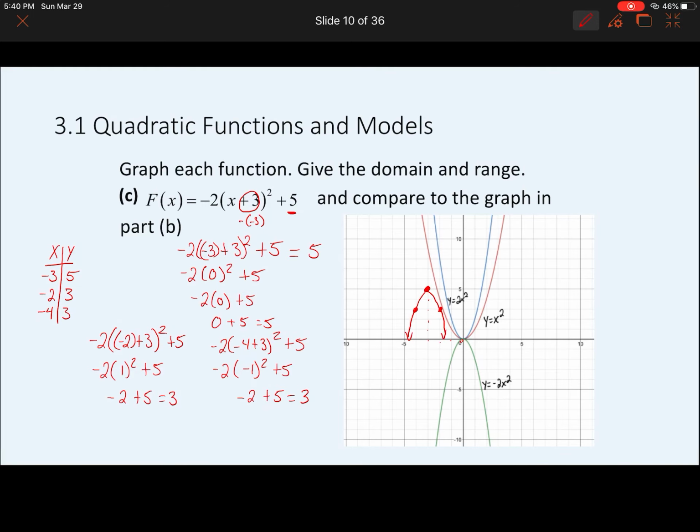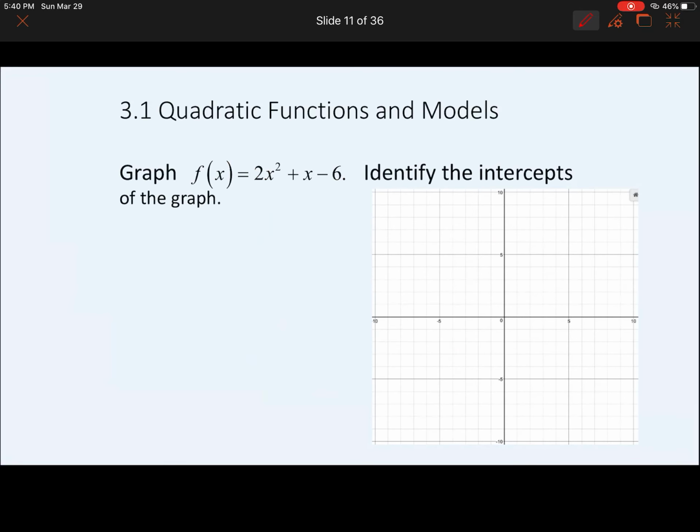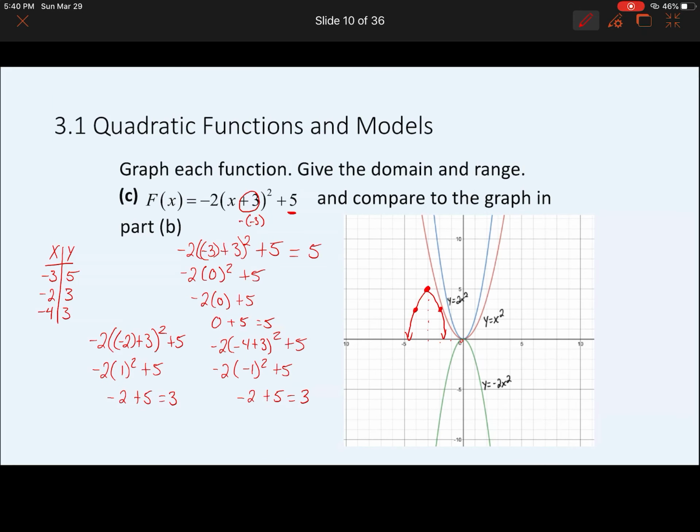And so now if we plot each of those points, in this case we already have -3, 5. We've already plotted -2, 3, and then also -4, 3. We go left 4 and up 3. We're going to get these points, and again we begin to see this curve shape, this parabola shape, and we see what it's looking like.